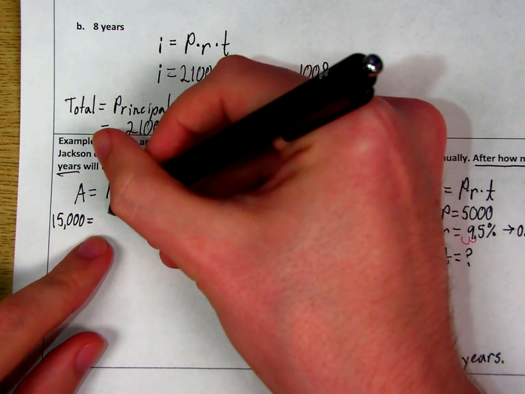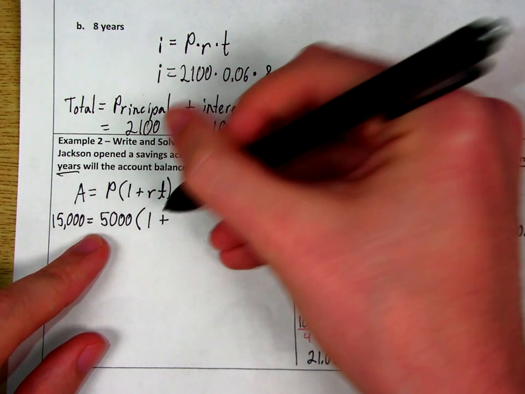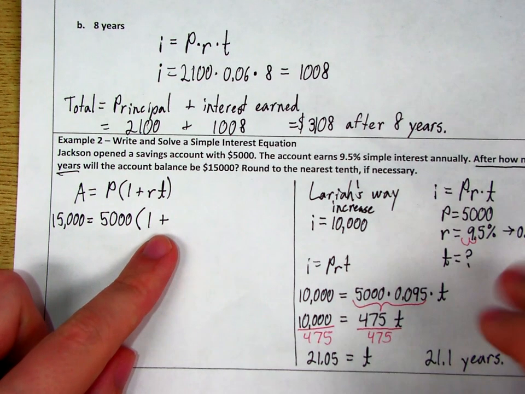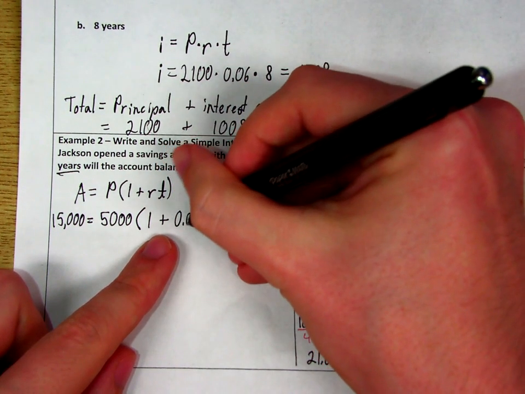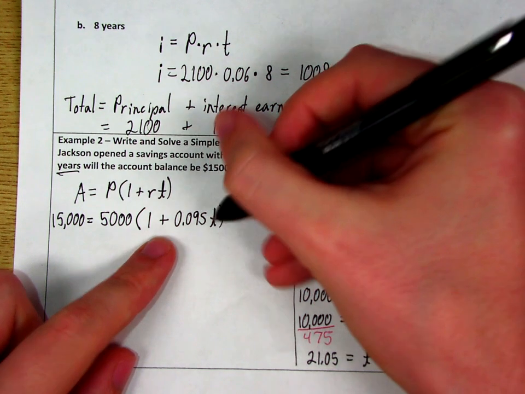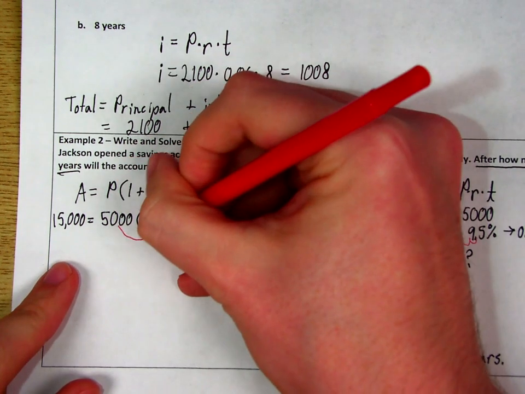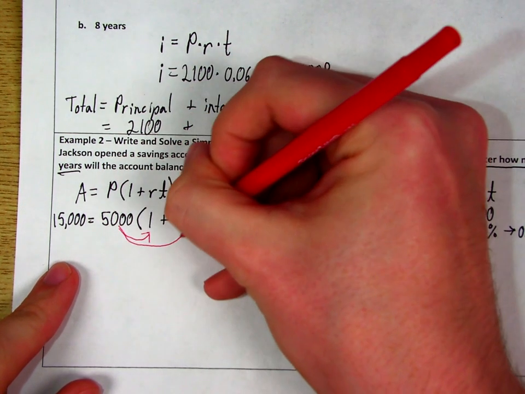And we said that equals our principal of $5,000 times 1 plus the rate, still 0.095, times T. Now, to make this a little bit nicer, we distributed 5,000 to both of these.